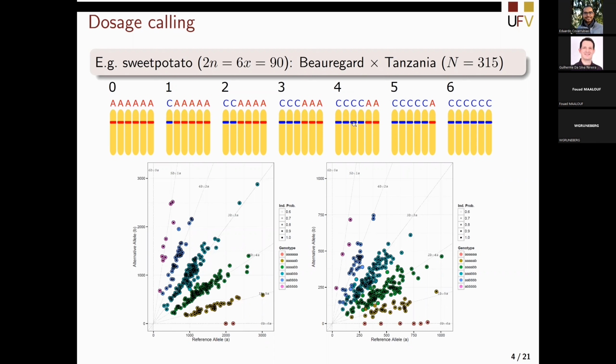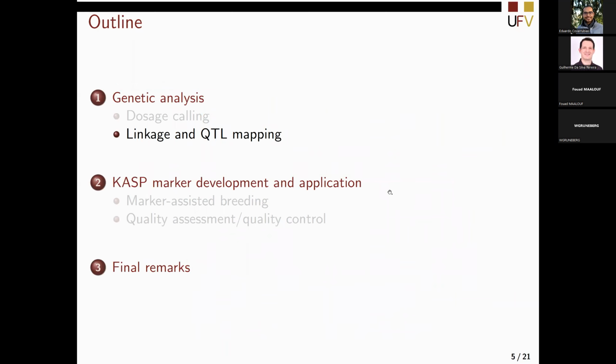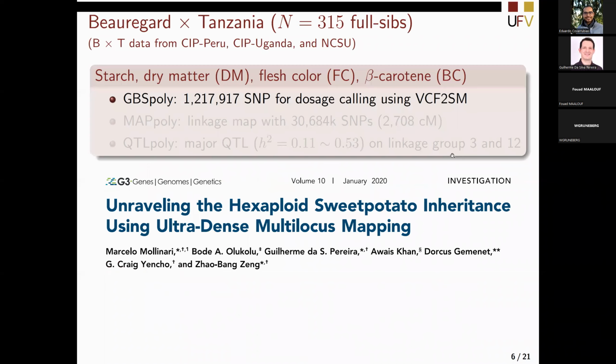But it's also something that we learned to deal with, right? It took us a little bit longer to figure the protocols and everything, but now we've performed this analysis for a couple of linkage mapping populations and some diverse populations, and that's what I'm going to show now.